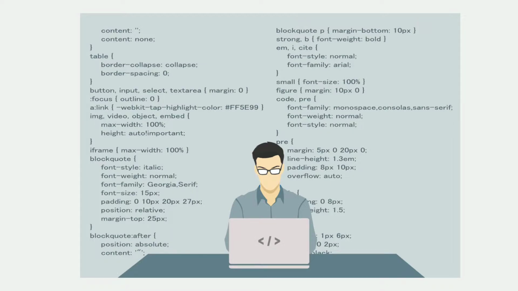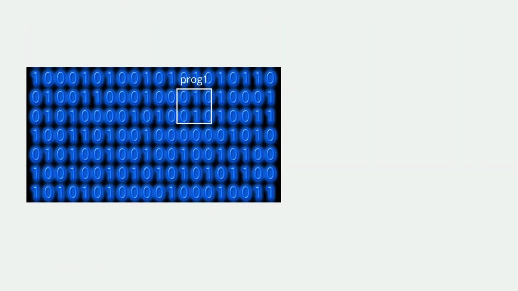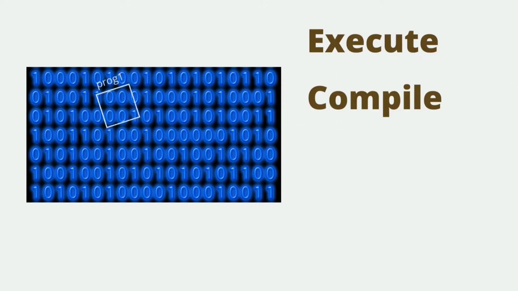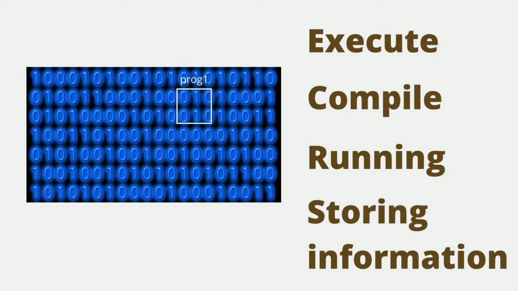Inside the computer memory, there is a dedicated space allocated for your program, to execute, compile, and run it, and also for storing some information like variables.